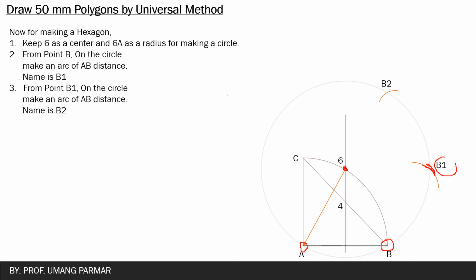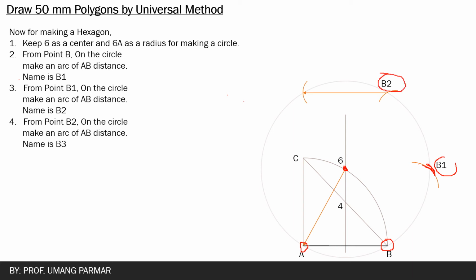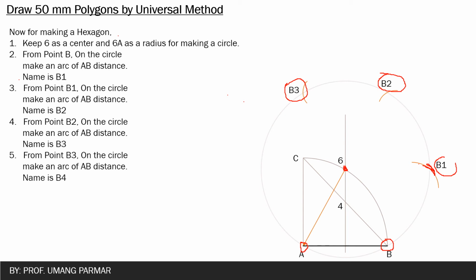The same procedure we will follow again. Now B2 will be the center and we will make an arc of the distance AB, and the point we will call B3. Now in the next step, B3 will be the center.